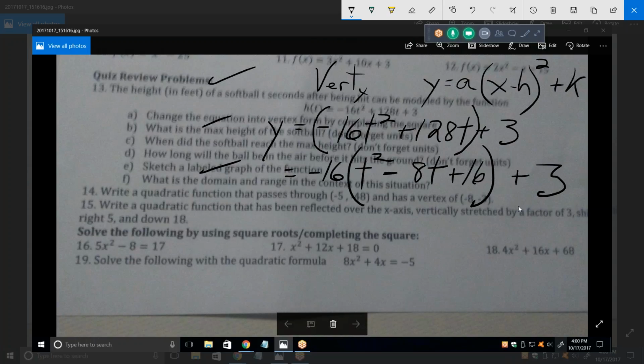Now, how much did I change the equation by when I just did that? You added 16, or subtracted, wait, hold on. What did I add? You added negative 16 times 16. Yeah. In other words, I actually subtracted 256. Okay? So, in order to balance that, I have to add 256.